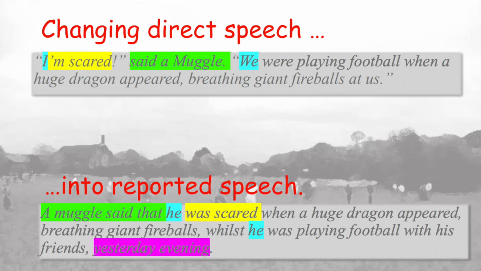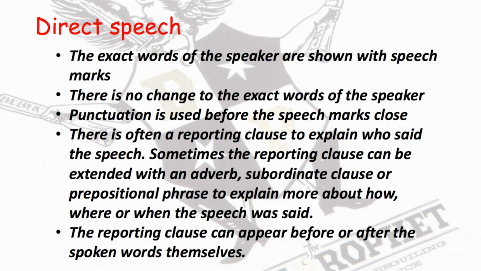To sum up, in direct speech, the exact words of the speaker are enclosed in inverted commas, speech marks. The exact words of the speaker are quoted with no changes to their content or order. The correct punctuation is used before the inverted commas close.